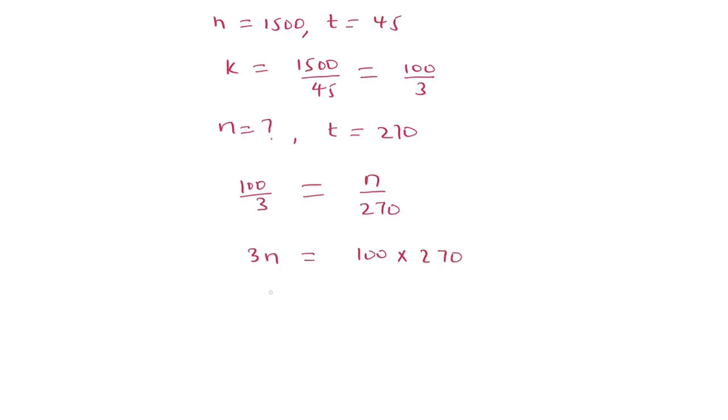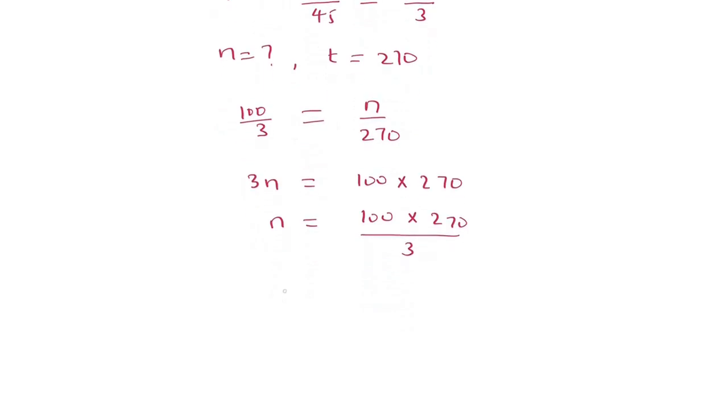Now let us divide by 3 on both sides. Then we have N equals 100 times 270 over 3. Simplifying this further, we have N equals 9,000. Therefore, this is the number of bottles required.